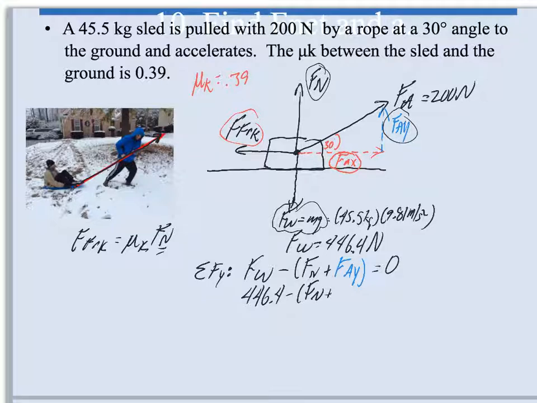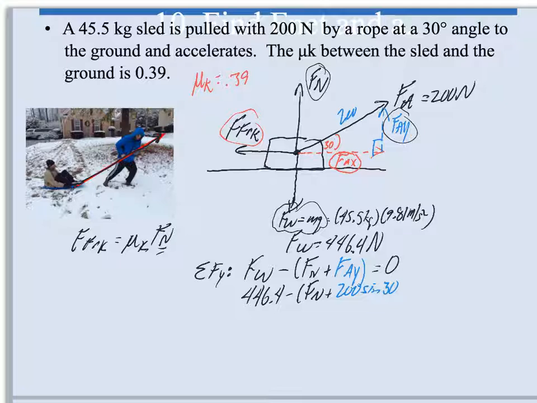That's what I'm after. Fay, well, is Fy the opposite side to our right triangle up here in the diagram? And we know this is 200. So this is the angle 30. So the Fay is going to be 200 sine 30.